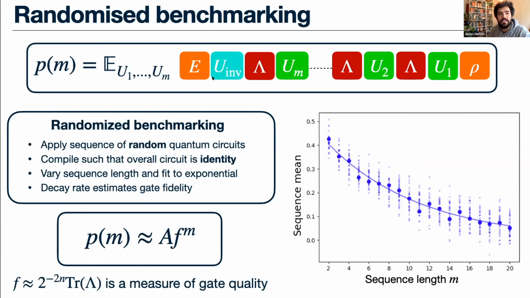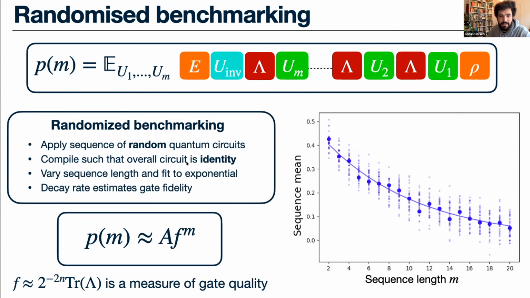But you can see here, even if you don't get into the details at all, that this protocol looks a lot like the one I mentioned before, in the sense that there is a randomization over unitaries here. But instead of randomizing with a single state, I'm randomizing everywhere between subsequent applications of my quantum channel.